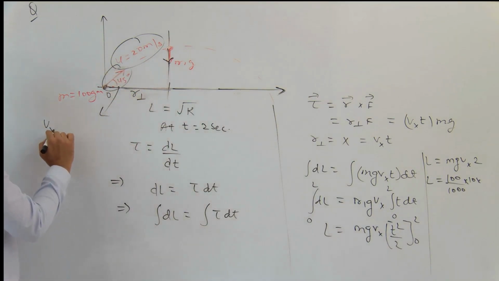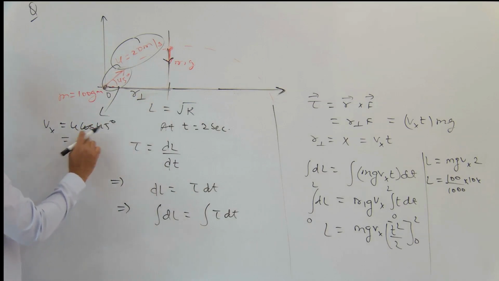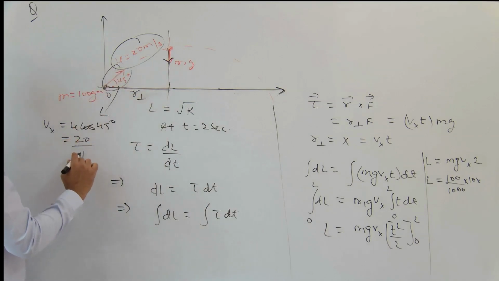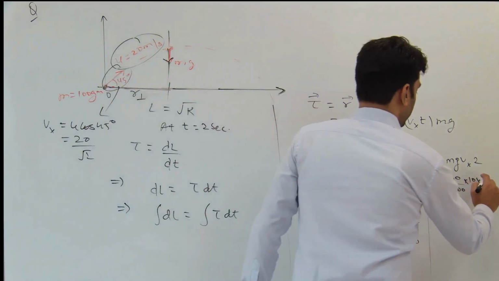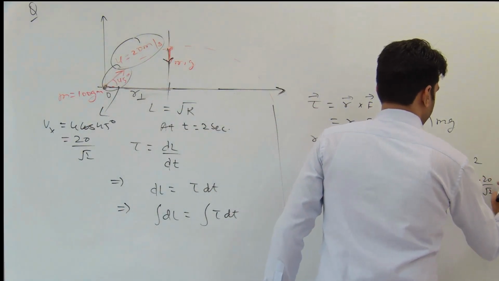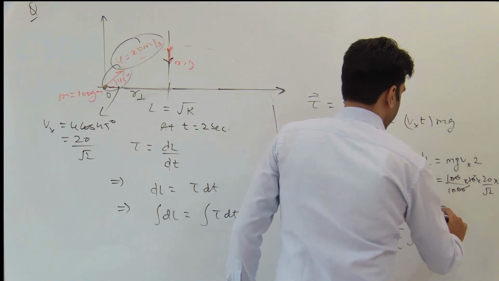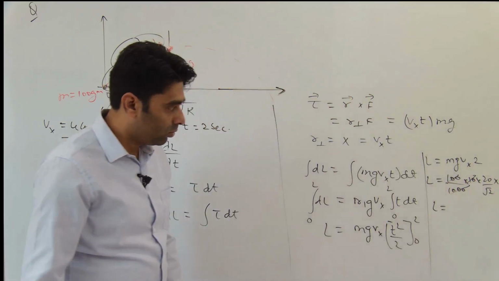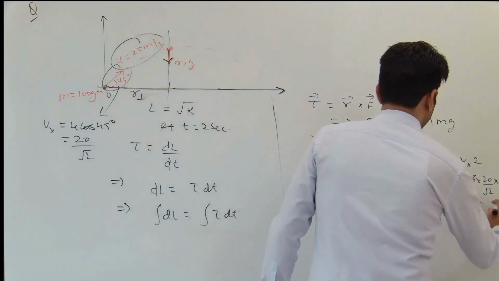So Vx is always constant, which we can write as u cos theta, which is 20 into cos 45, that is 20 by root 2. This is our Vx value, 20 by root 2, into 2. How much are we getting? It cancels out. The L value is 20 into 2 by root 2, that gives us 20 root 2.